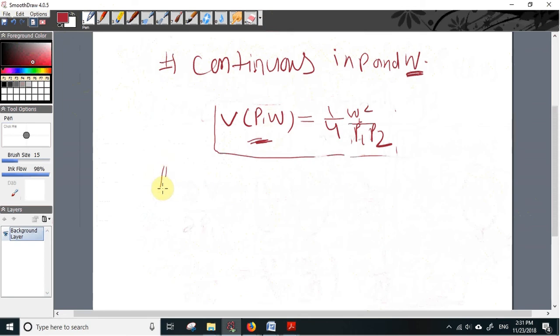And the last property, which is very important, is about Roy's identity.